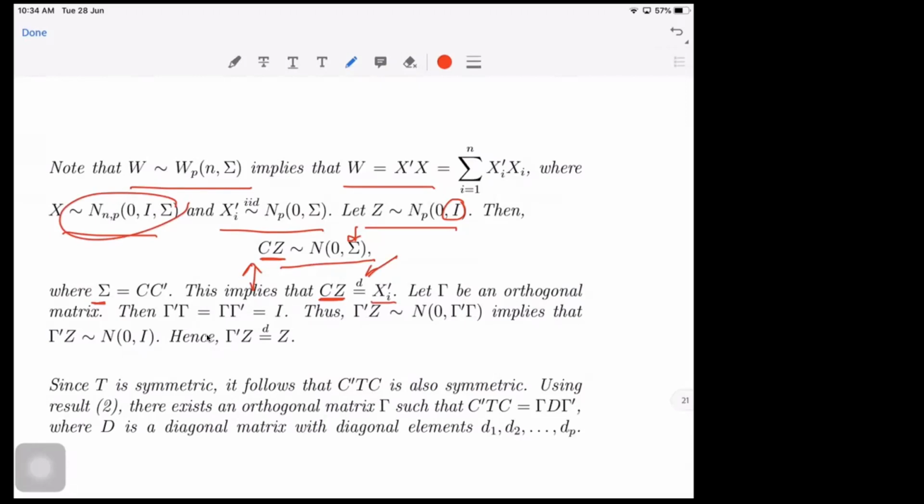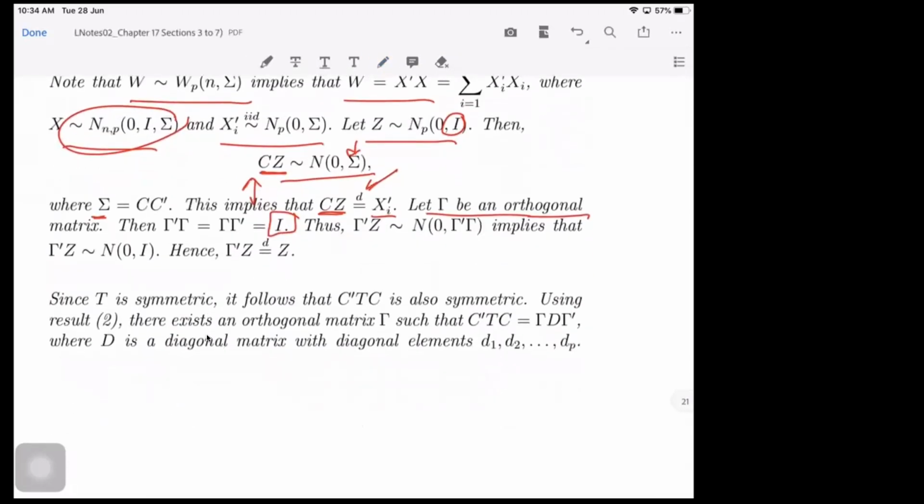And then we introduce an orthogonal matrix T such that when pre-multiplied by its transpose or post-multiplied by its transpose, it is equal to the identity matrix. That is a property of an orthogonal matrix.